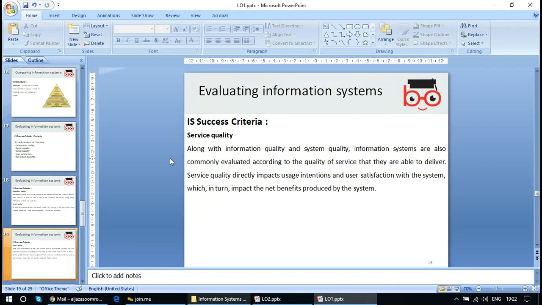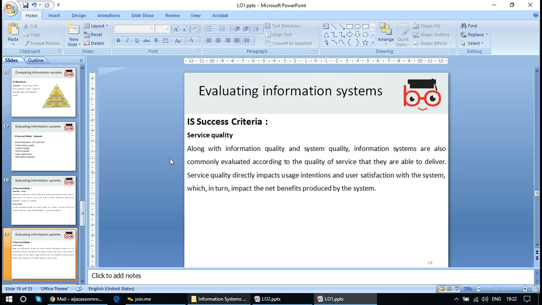Then the service quality. Along with information quality and system quality, information systems are also commonly evaluated according to the quality of the service that they are able to deliver. Service quality directly impacts usage intentions and user satisfaction with the system, which in turn impact the net benefits produced by the system.